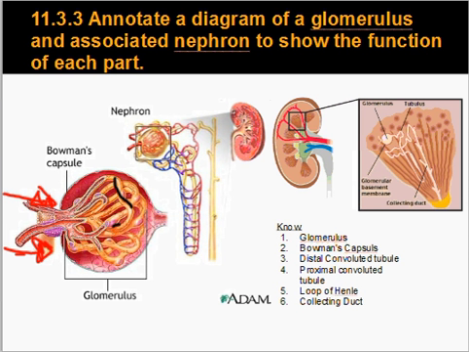Why is that good? Because there are toxins in your blood. There are metabolic wastes in your blood. Yes, there are good things in your blood like oxygen and red blood cells. However, how do you separate the good from the bad? And the way you do that is by pumping blood into the Bowman's capsule. So it's almost like this car is driving really, really fast, and then when it hits the Bowman's capsule, it crashes the wall and it splatters, and anything smaller than the perforations in the glomerulus will come out of the blood.